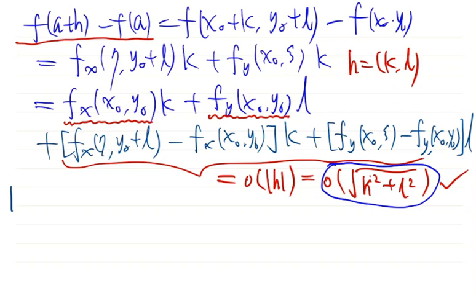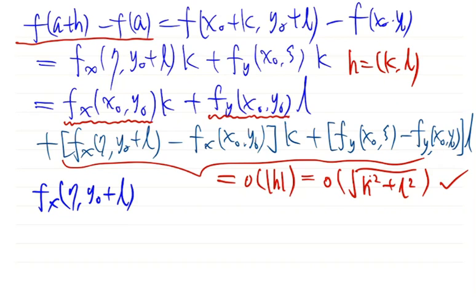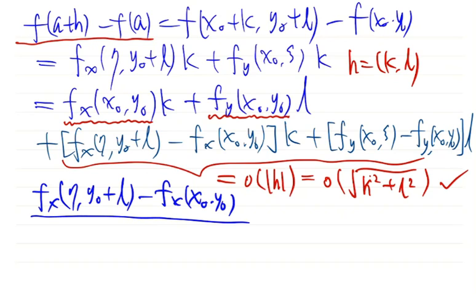You need to show that this term, circled by blue, divided by the square root of k square plus L square, has limit 0. So consider |f_x(η, y0+L) − f_x(x0, y0)| · |k| divided by the square root of k square plus L square.